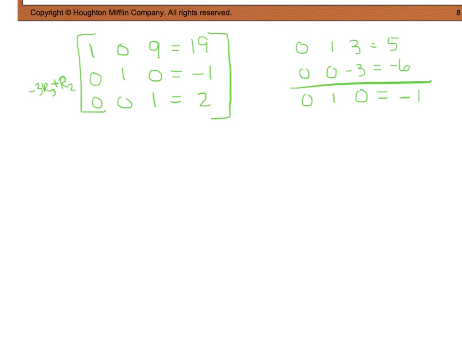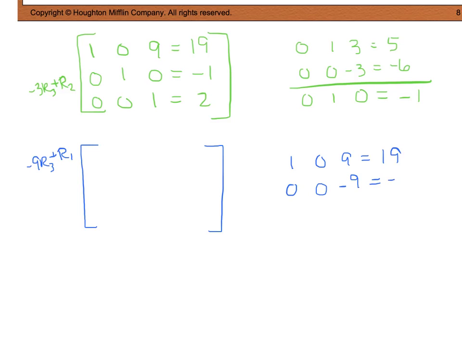So we just said that we were going to multiply row 3 by a negative 9 and add it to row 1. So my row 1 was going to stay 1, 0, 9 equals 19, and we're going to multiply the third row, which was 0, 0, 1, by a negative 9. So that's going to give us 0, 0, negative 9 equals a negative 18.